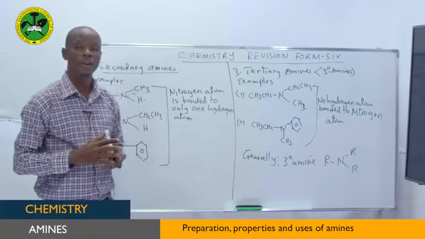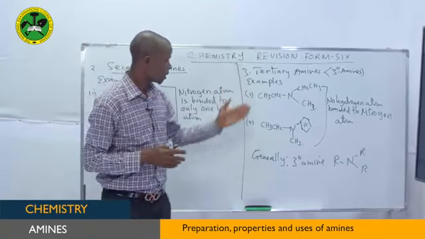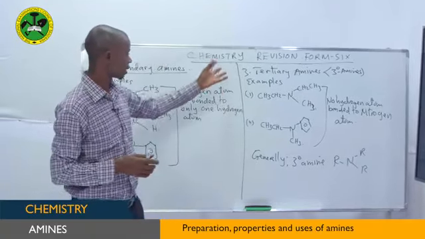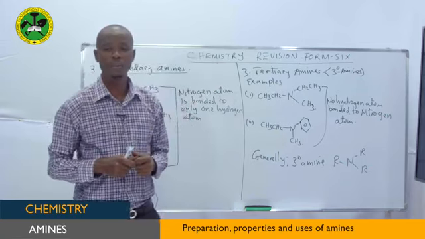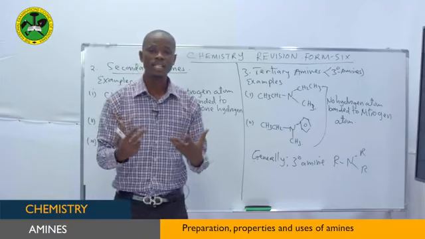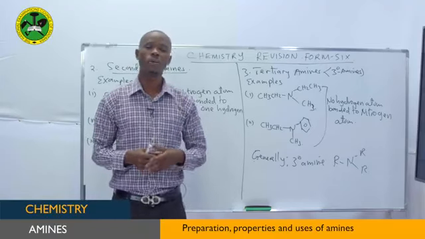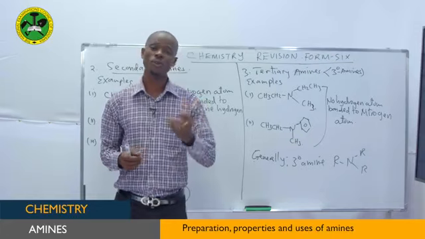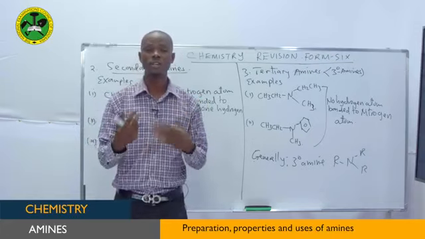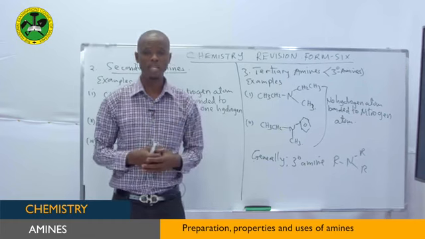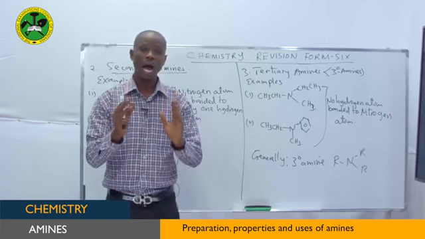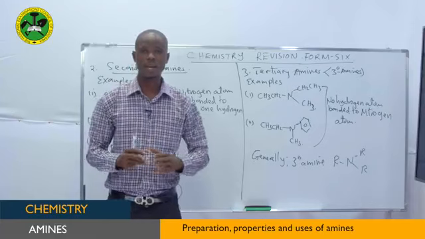Now from here, we can also discuss the reactions of these amines. But before we go to the reactions of these amines, we have to see how reactive amines are. Because if we don't know how reactive amines are, it will be very difficult for us to proceed with the chemical reactions of amines. So we want to know how amines react.